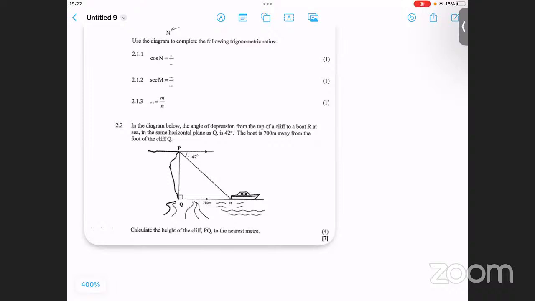So for this one, I don't really know how to calculate this, because the external angle here is 42 degrees. So I assume that the interior angle would be 48 degrees. And at the bottom here, it's 90 degrees. So do you just divide it, and what do you do with the 700 meters?